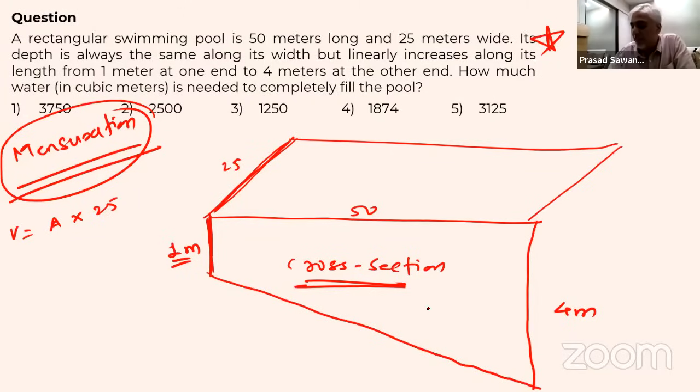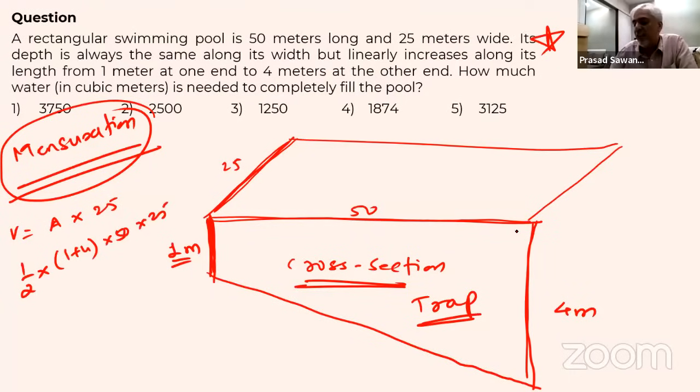So what will be area of the cross section? This will be a trapezium. Area of the cross section trapezium will be half into sum of the parallel sides. 1 and 4 will be the parallel sides. Half into 1 plus 4 into height of the trapezium will be taken as 50 into 25. This 50 and 25, if you interchange, it hardly matters.